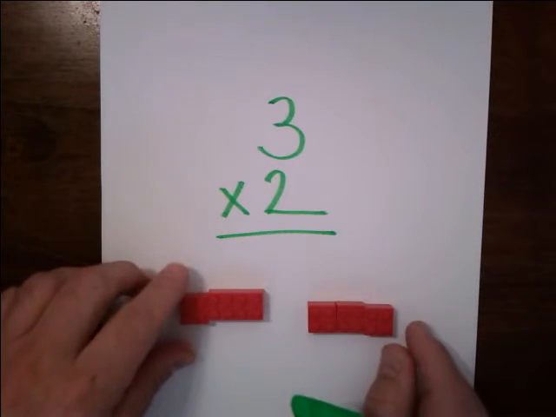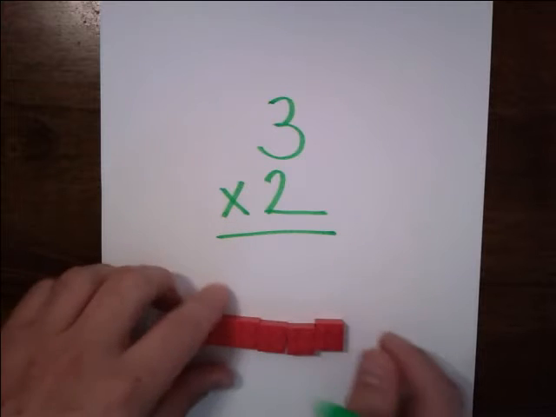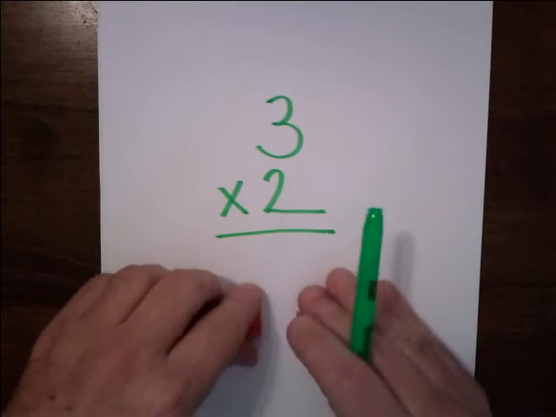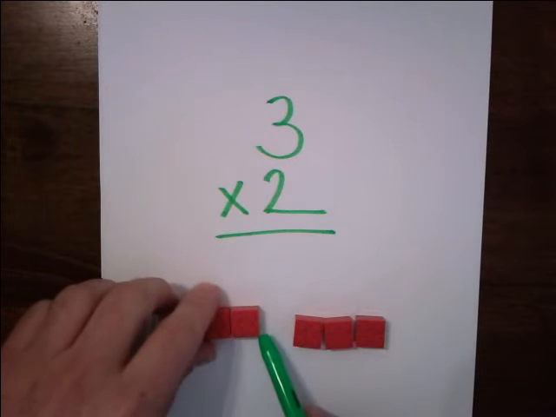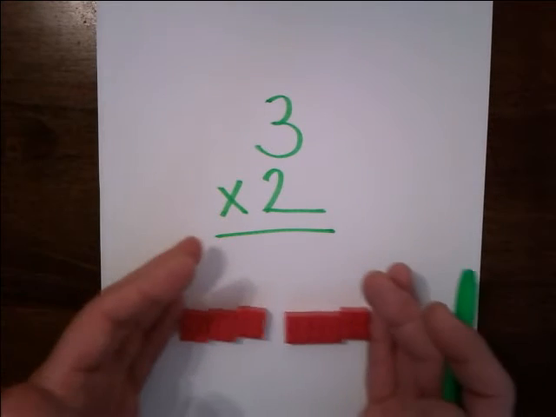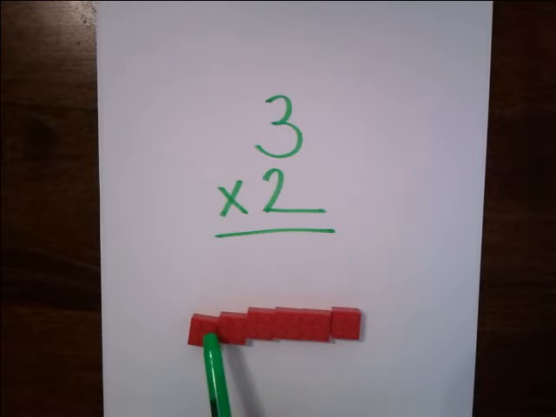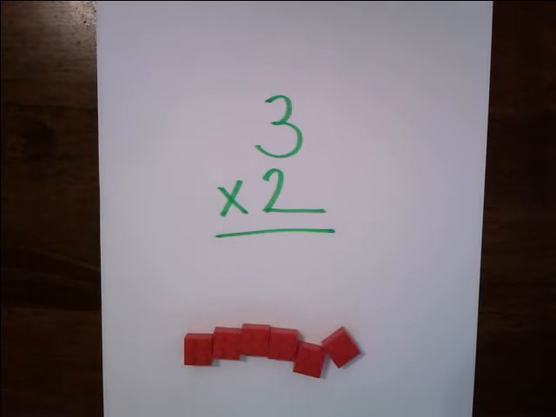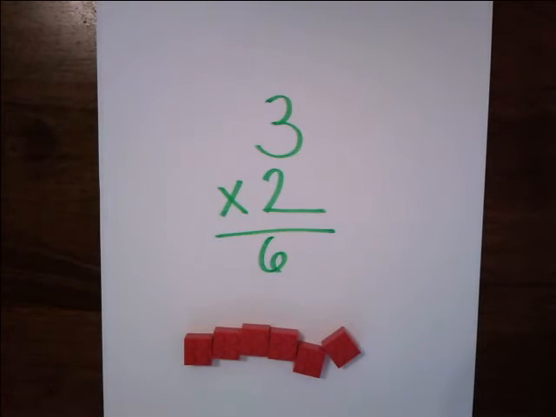Now, to solve my multiplication problem, I'm going to put these together. In multiplication, we're going to put it together and we're just going to count to get an answer. 1, 2, 3, 4, 5, 6. So 3 times 2 is 6.